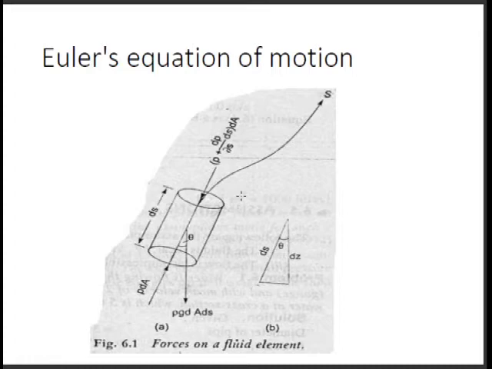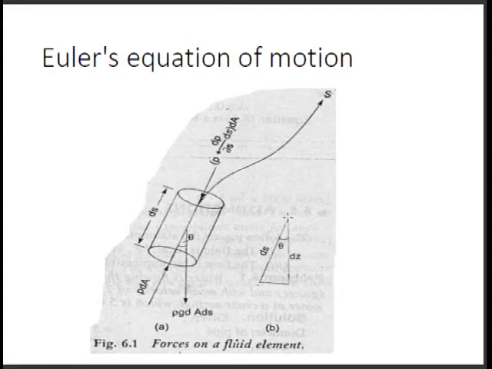The third force acting on this fluid element is the self weight of that element. The weight W is equal to rho g into the cross-sectional area dA into the length ds, so the total weight of that element is rho g dA ds.